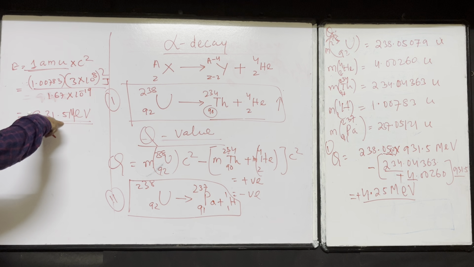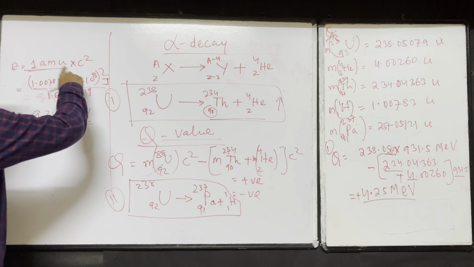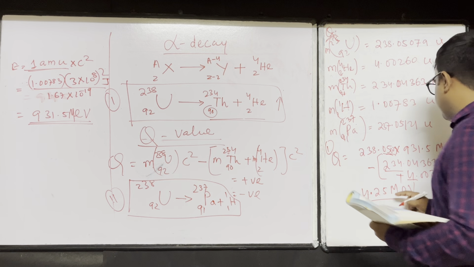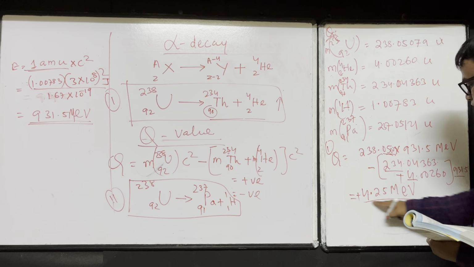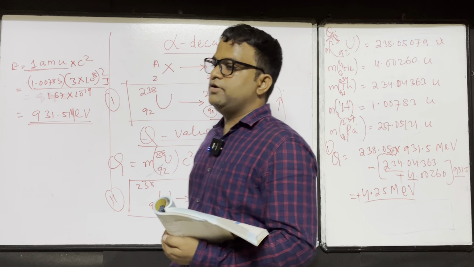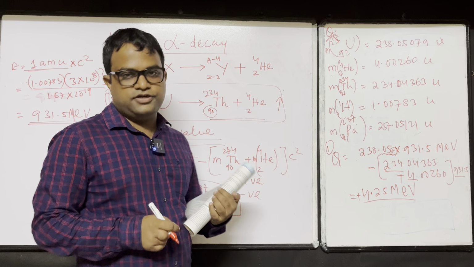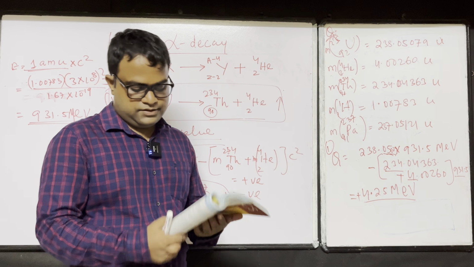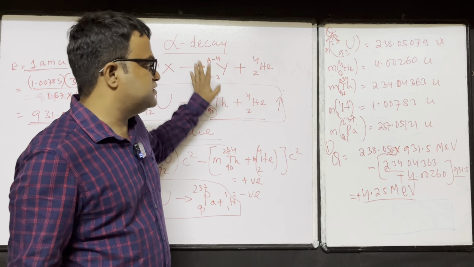So that's why, if any number has AMU multiplied by c square, you can directly multiply by 931 and convert it to the answer in MeV, because mostly in nuclear physics or high energy physics, basically elementary particle physics, we use the unit eV or MeV, right. So this is the Q value and this is the alpha decay.